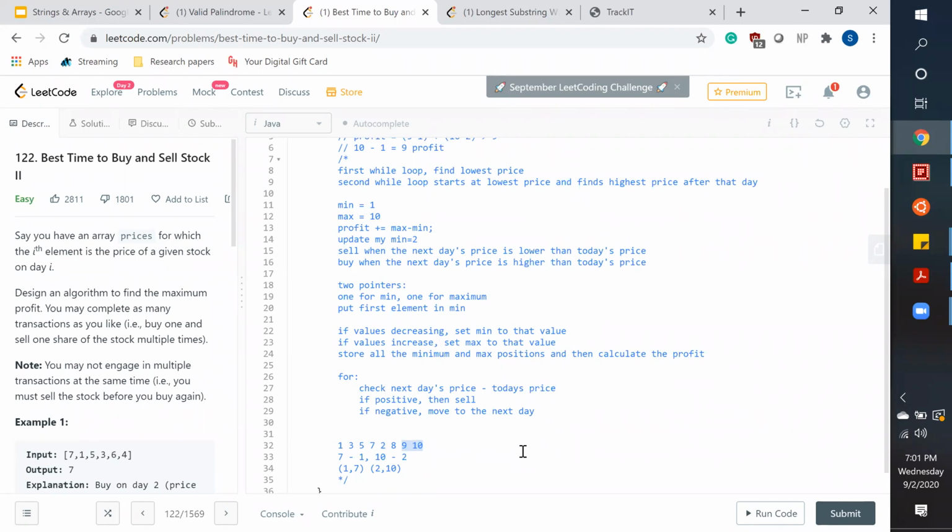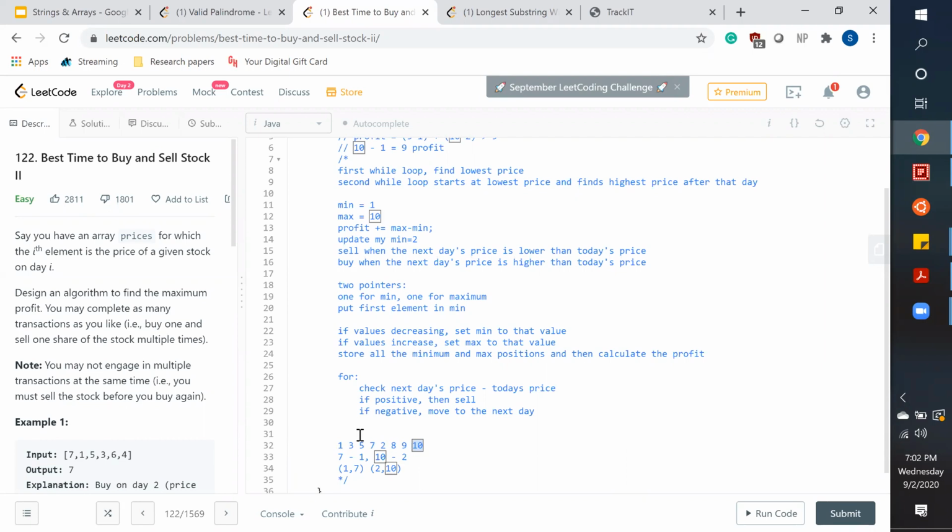You can sell at 3 and also buy at 3? No, you can't sell at 3 and buy at 3, but this is so I'm not buying and selling the stock. I'm just trying to find a new way to calculate my profit. I'm still buying at 1 and selling at 7, and then buying at 2 and selling at 10.